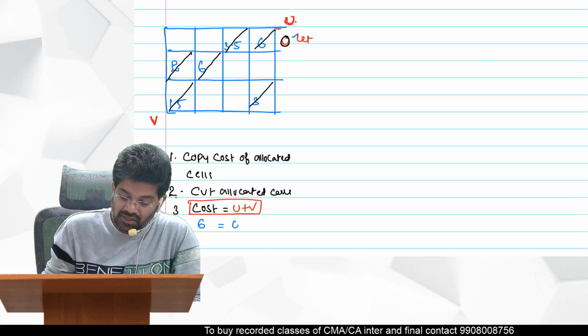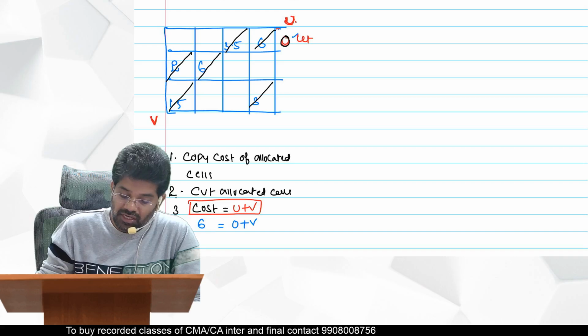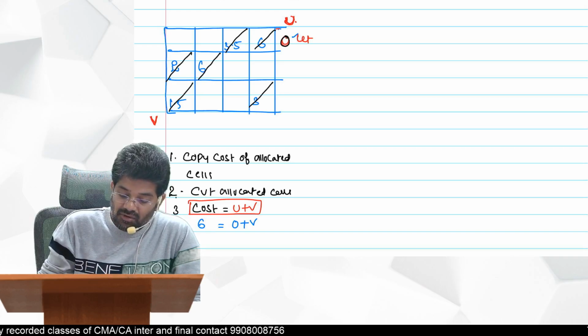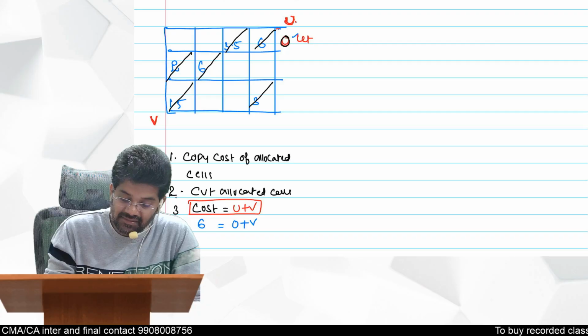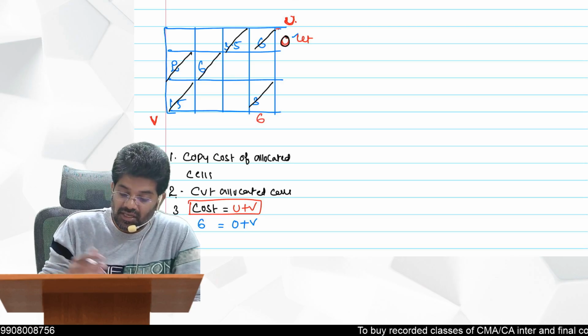U value is 0. So what should be the V value to satisfy this? V value must be equal to 6 here. Then only 0 plus 6 is equal to 6.